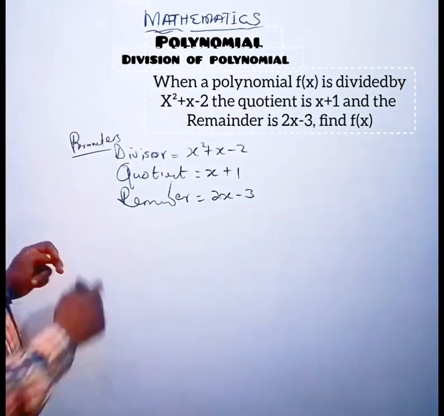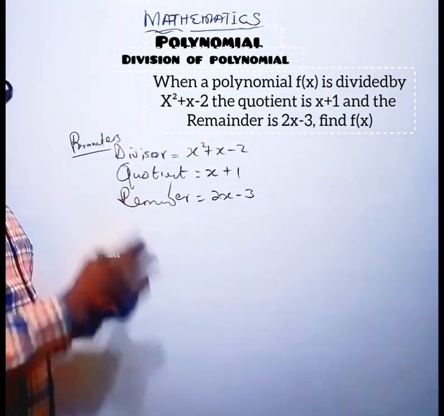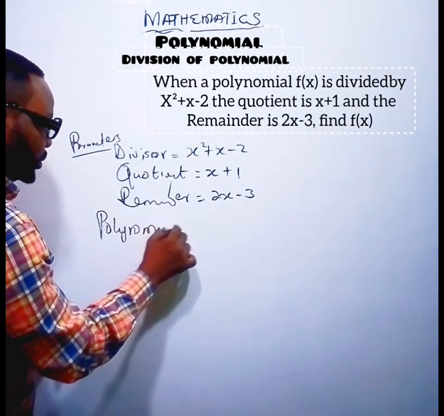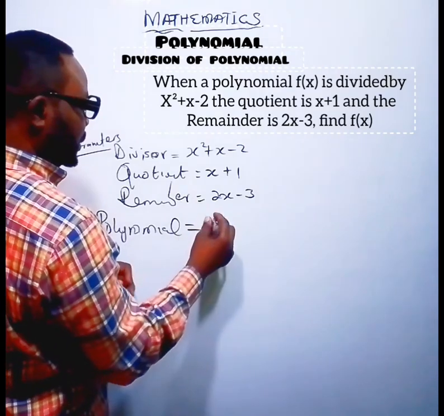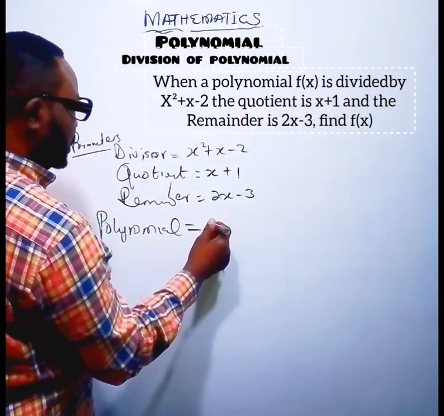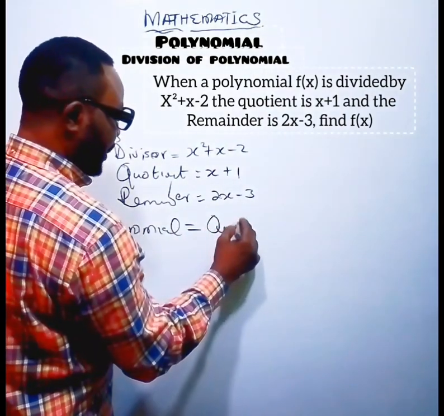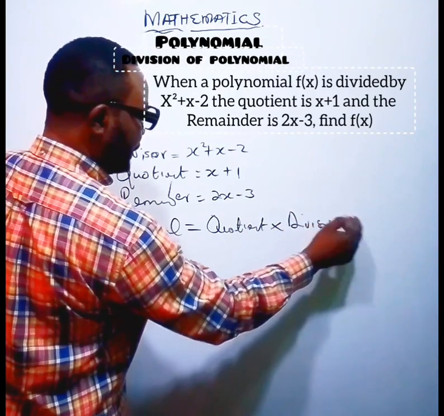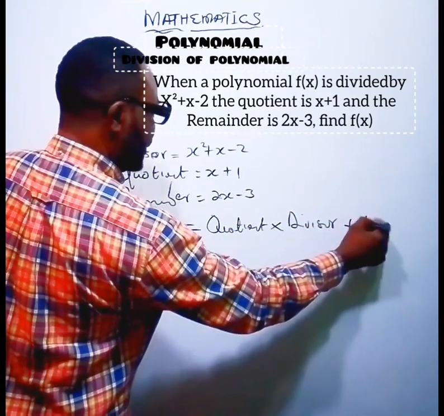Now, according to the formula given to us, the polynomial, function of x, is equal to quotient multiplied by divisor plus remainder.